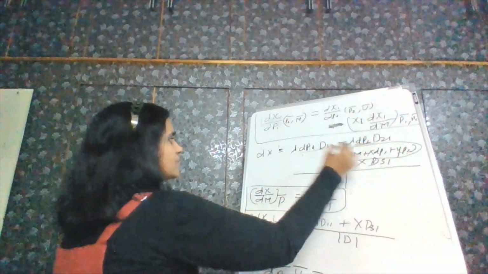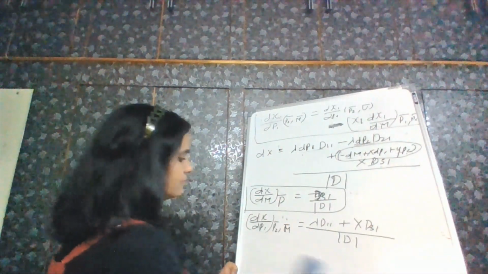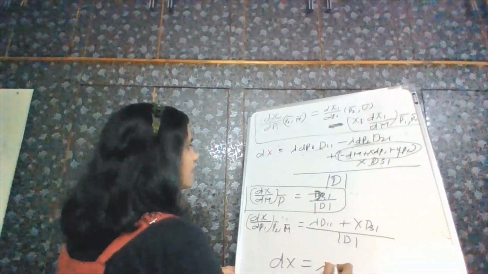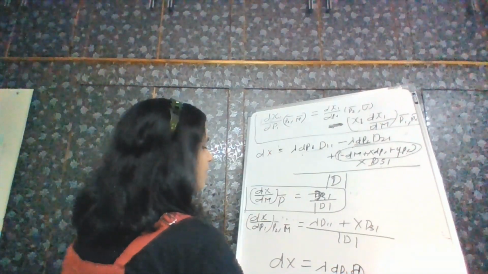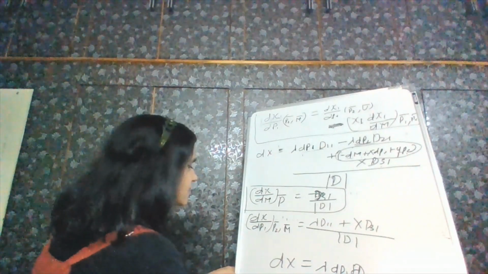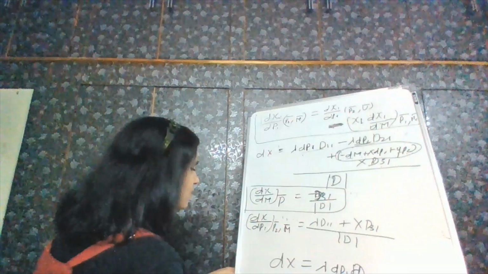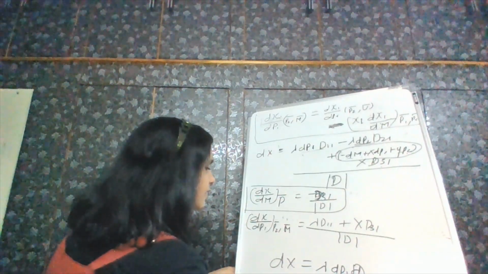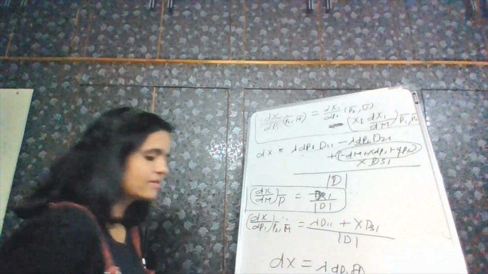So these two are 0, that means dx becomes lambda dp1 d11, other things are 0, divided by d. So dx by dp1, when your utility is constant and your p2 is constant, is lambda d11 divided by d. So that's your third equation.